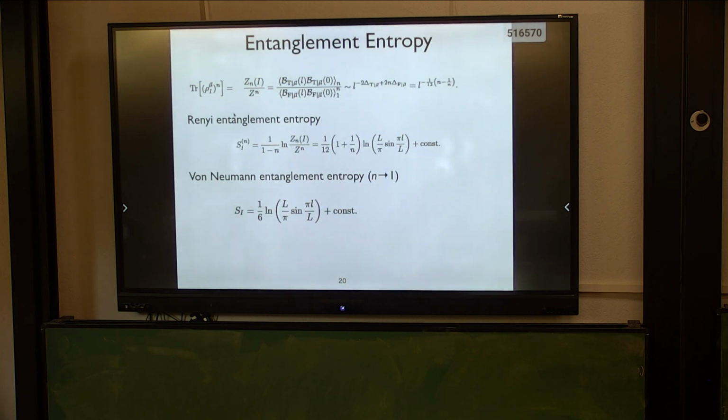And so we can calculate the Renyi entanglement entropy, and then after deriving this Renyi entropy, we can take the n goes to 1 limit, then we can derive the standard von Neumann entanglement entropy between two unmeasured regions of my problem. And the result is kind of similar to this Holzer-Larsen-Wilczek famous formula, but the coefficient is different because of the scaling dimension of the boundary condition changing operator.